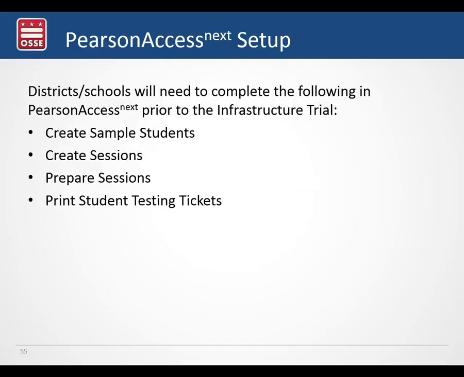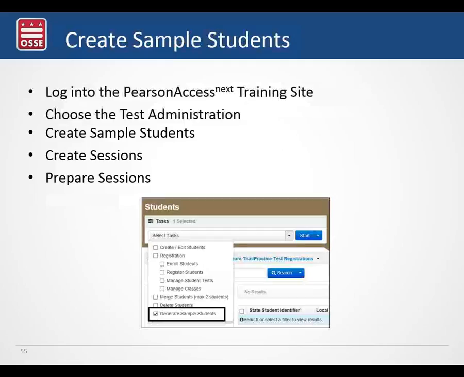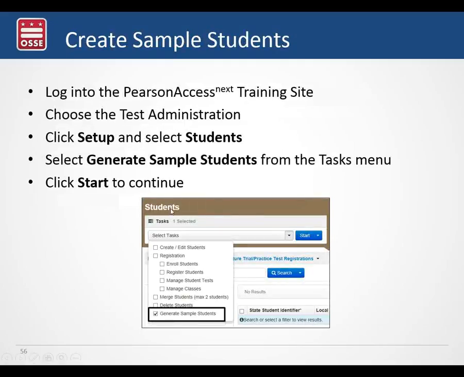In Pearson Access Next, a few slides on what to do in the training site to get ready for the infrastructure trial. You'll be able to create sample students, create test sessions, prepare those test sessions, and print student testing tickets. This next slide has a screenshot of what this looks like in the training environment of Pearson Access Next. You will see everything is brown instead of blue for headers.